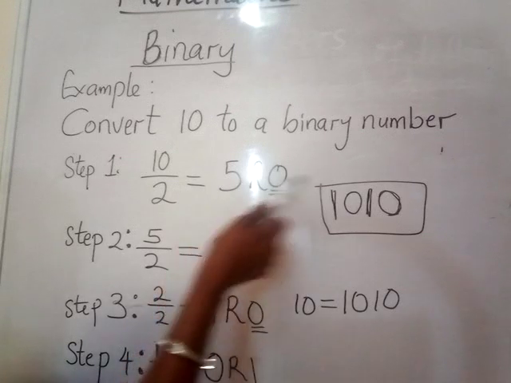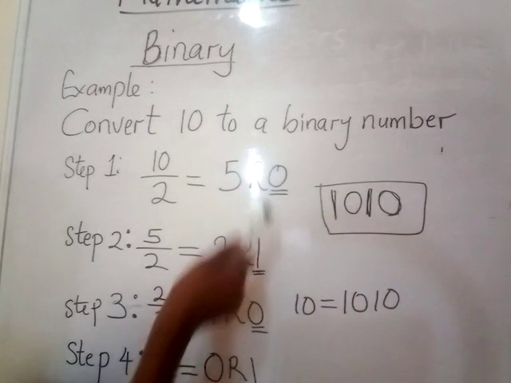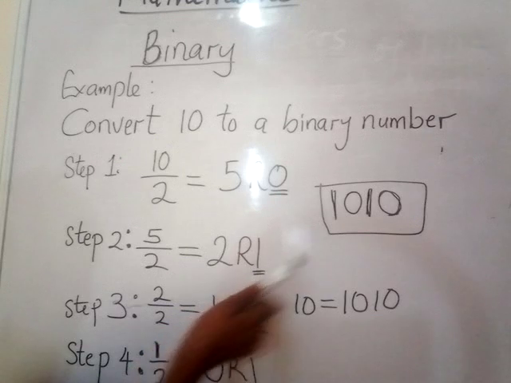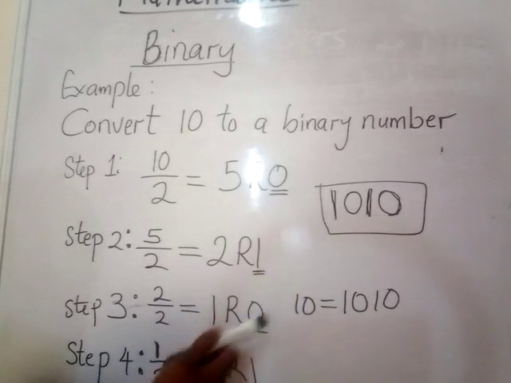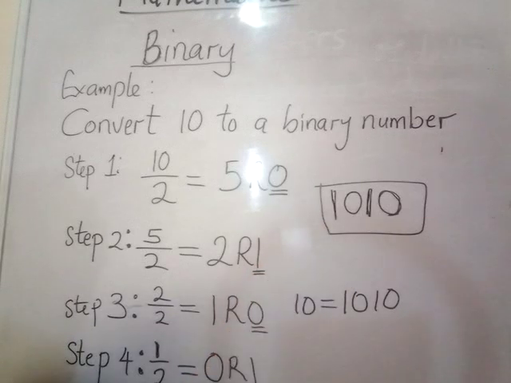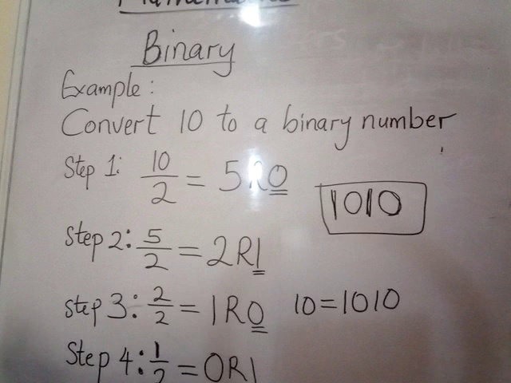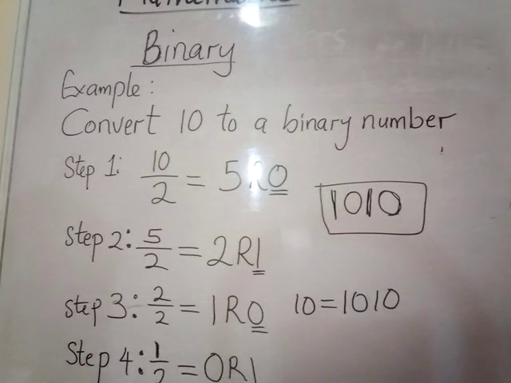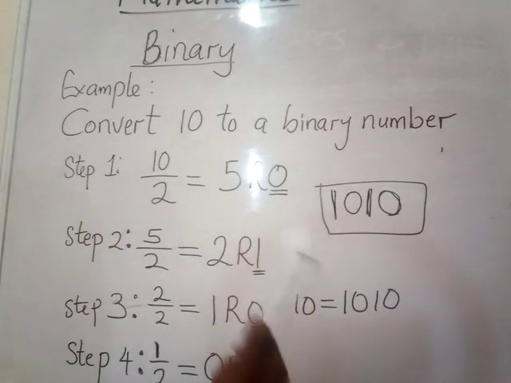So you keep writing down the remainders. Here you have 0, which is the first digit we wrote here. The next time we divided, we had a remainder of 1, which came next. We divided further, we had a remainder of 0, it came here. And lastly, we had the remainder of 1, and that is it. So when you are changing from a base 10 number to a binary number, you just keep dividing by 2 and noting down the remainders.